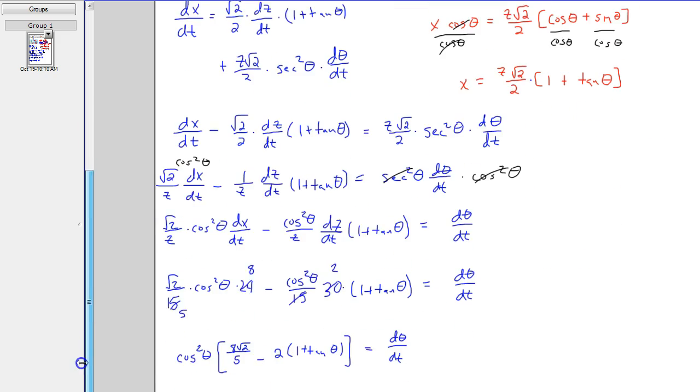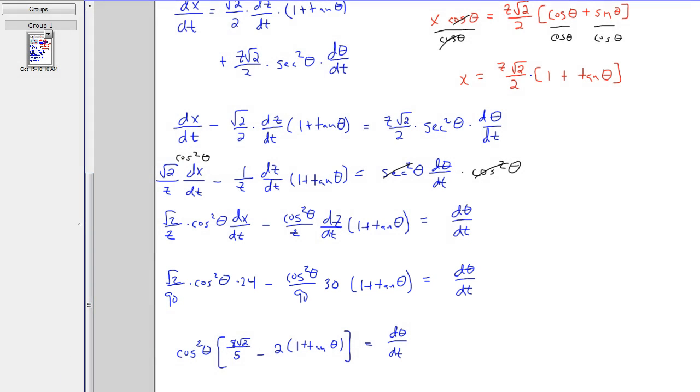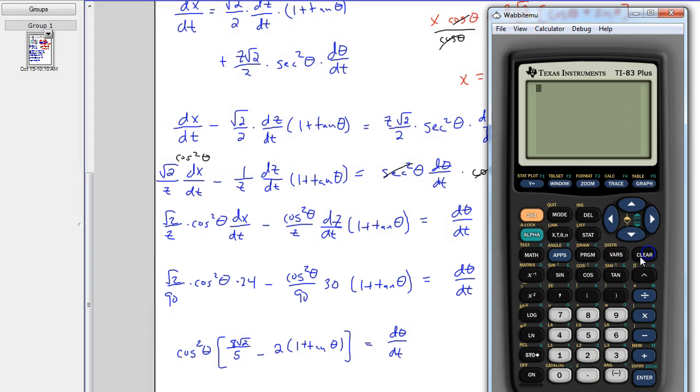Now it's 90. So we end up with this equation down here because the values of z have changed. But now if you think about it, 24 and 90 have a factor in common. So I take 24 divided by 90 and reduce that fraction. I get 4/15. And then 30 over 9 is 1/3.